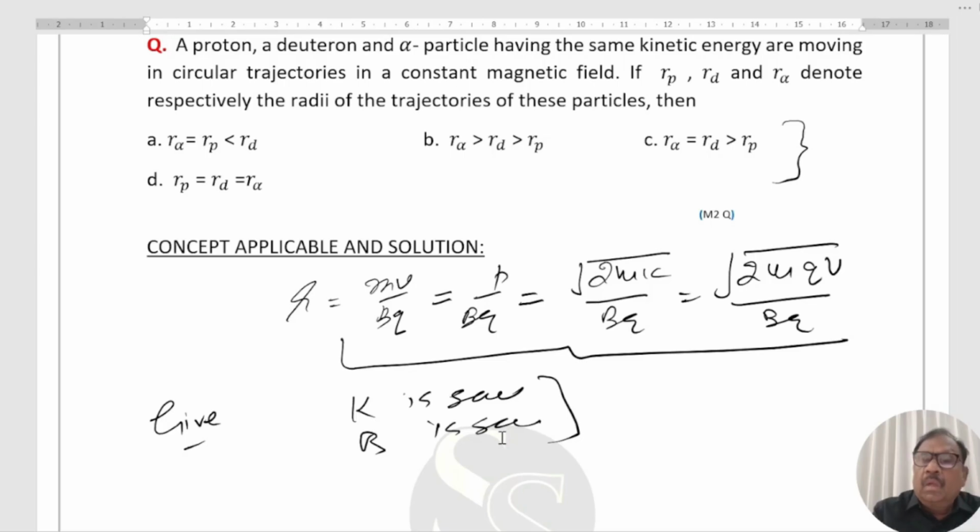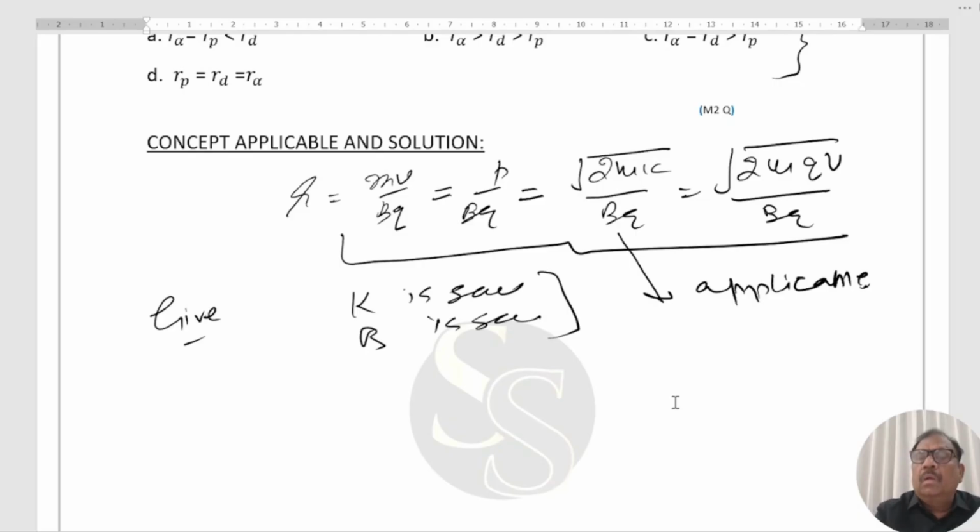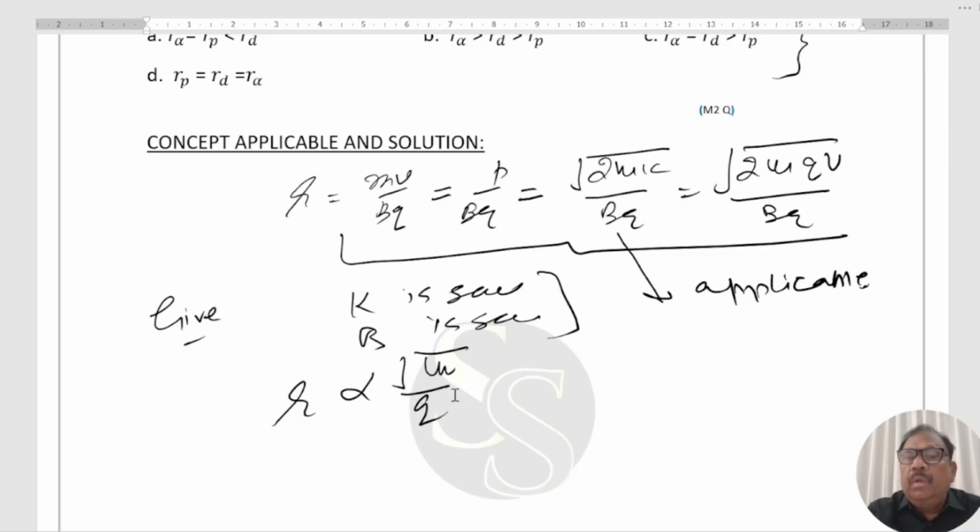Then this concept will be applicable. Therefore, R will be proportional to under root m by q. This constant of proportionality we have consumed.